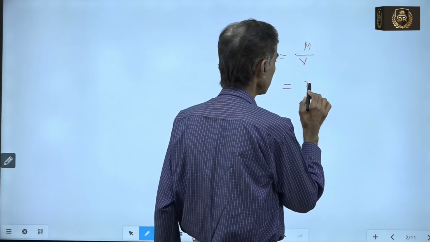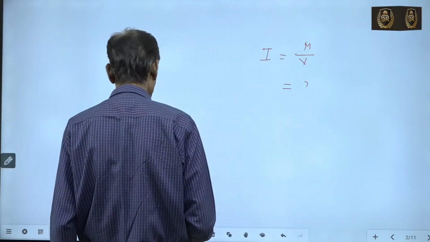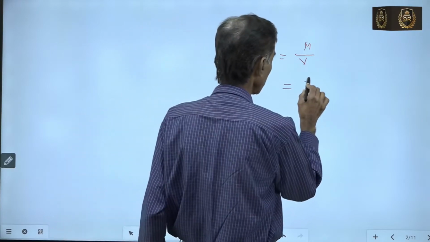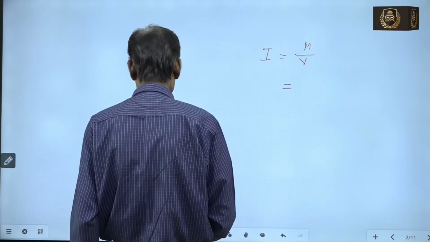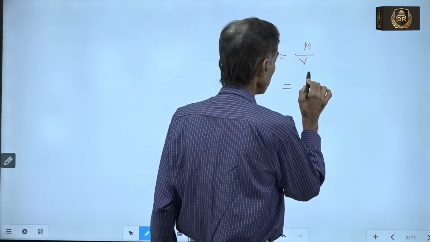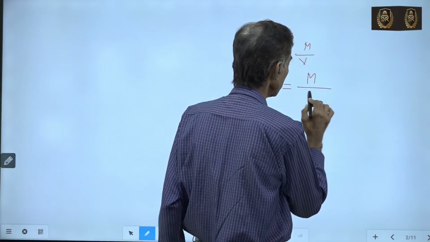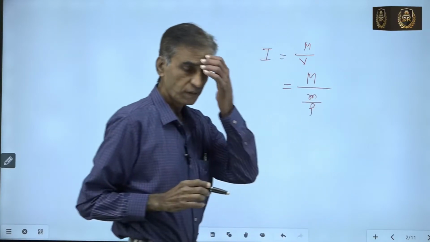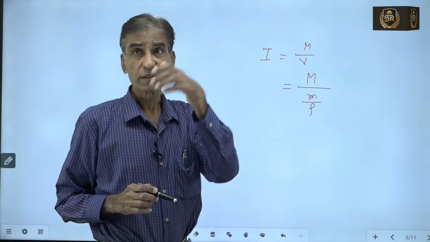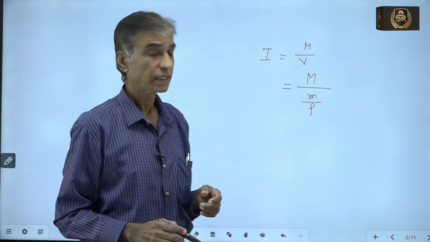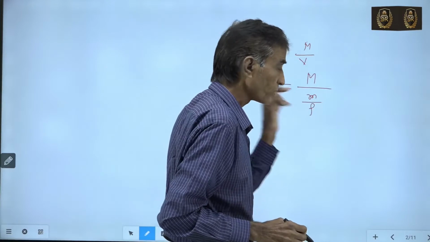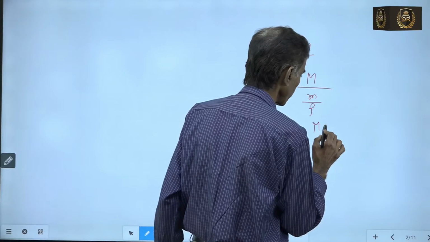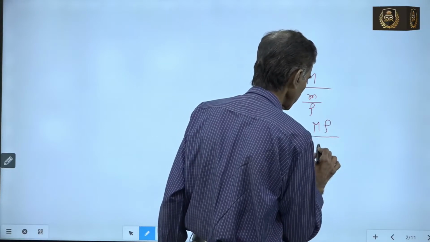Therefore, we have now here M by V, that is capital M by mass by density, because density is what? Mass by volume, isn't it? Therefore, mass by density equal to volume. So that will be equal to, now we can write M into rho divided by m.